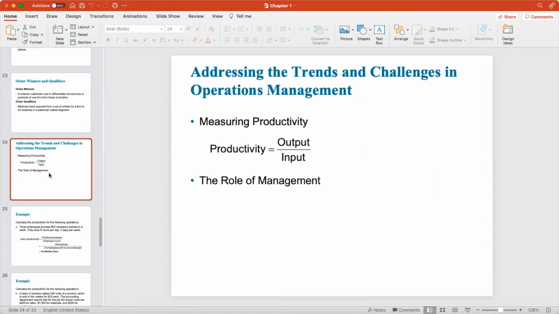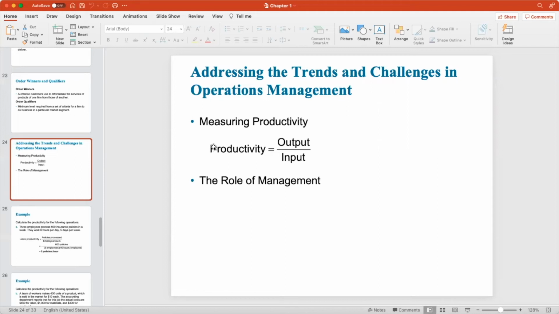Then people may naturally have the question: I know this is the operational process, we have the input first, and then we use the operational process to transform it to the output. But how can we know whether this is effective or whether this is efficient enough?